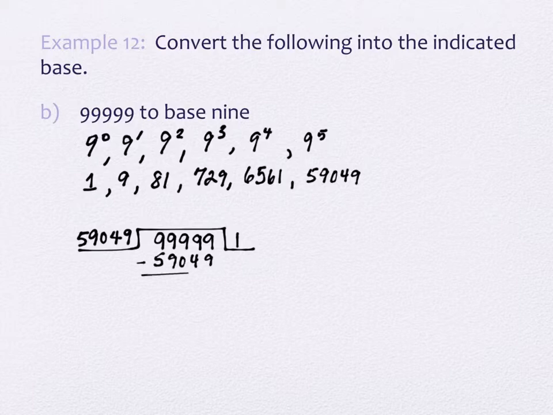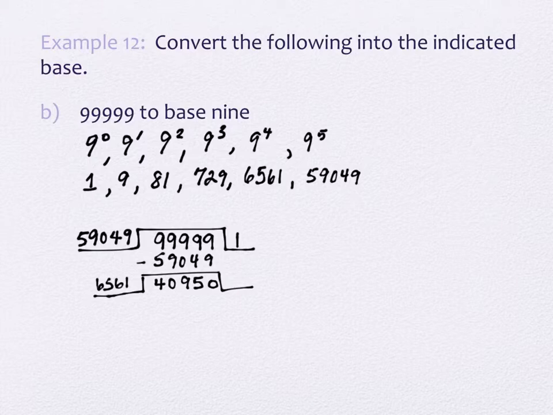59,049 subtracted gives me what? 40,950. What will I divide by next? Good, 6,561.